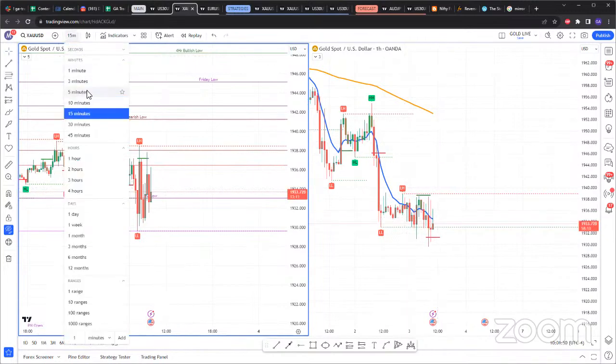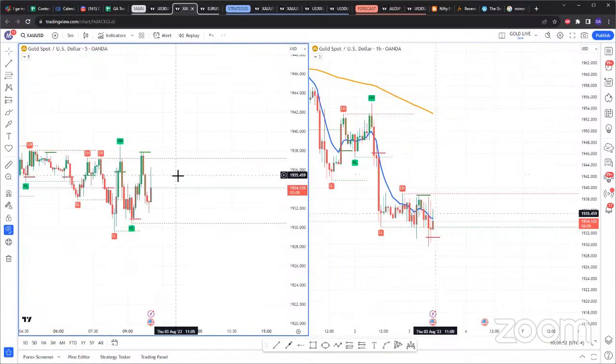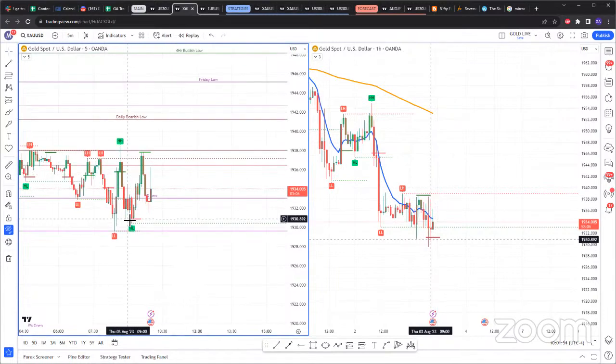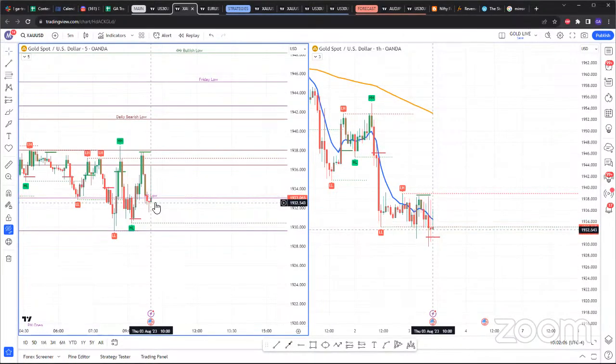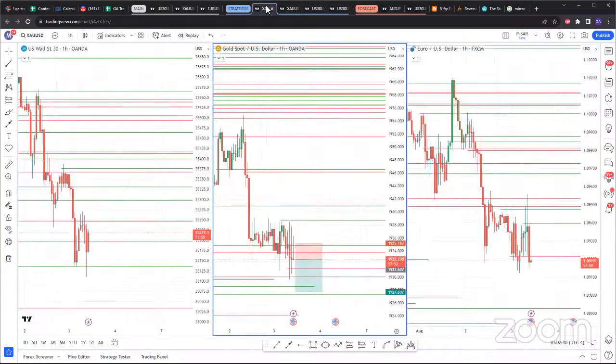On the 5. All right, so 5-minute entry would be somewhere down here, 1930, 857. But for me, my entry I'm waiting for here because this was the candle spike. So for me, my entry based off of the hourly will be here. So if gold gets there, that's when I am entering. So let me come back to this.